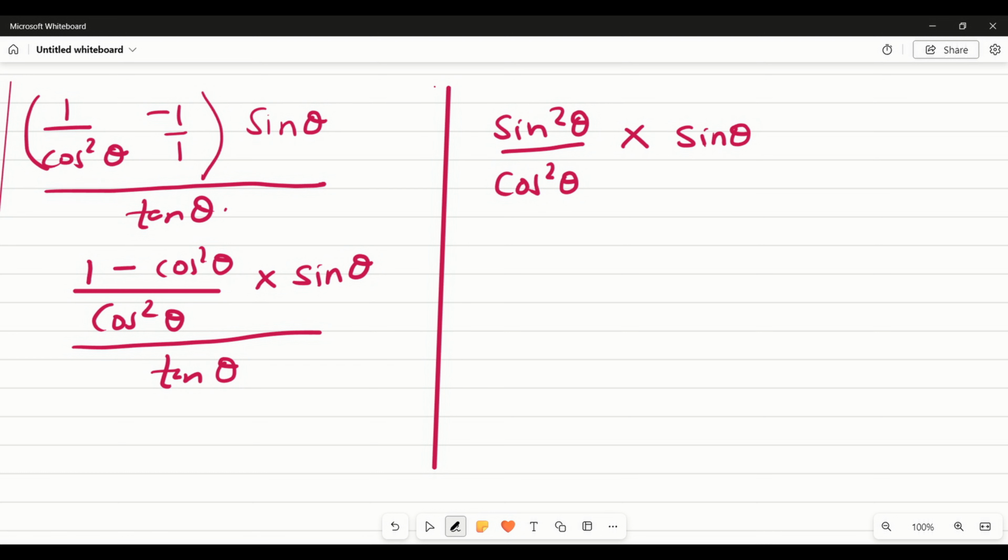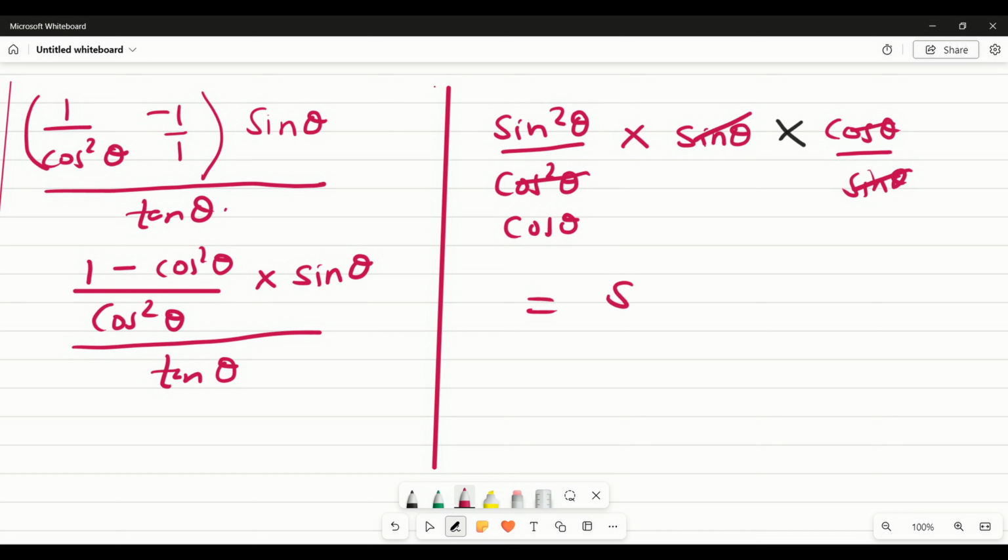So this is the same as divide by sin theta over cosine theta. But remember, sin theta over cosine theta is the same as tan theta. So when you're dividing, we can actually multiply by the reciprocal. So we can say cos theta over sin theta. So here we can cancel sin theta, they go. Cos theta, this one and this one, it goes here 1 time, that is cos theta. So we end up having sine squared theta over cos theta.